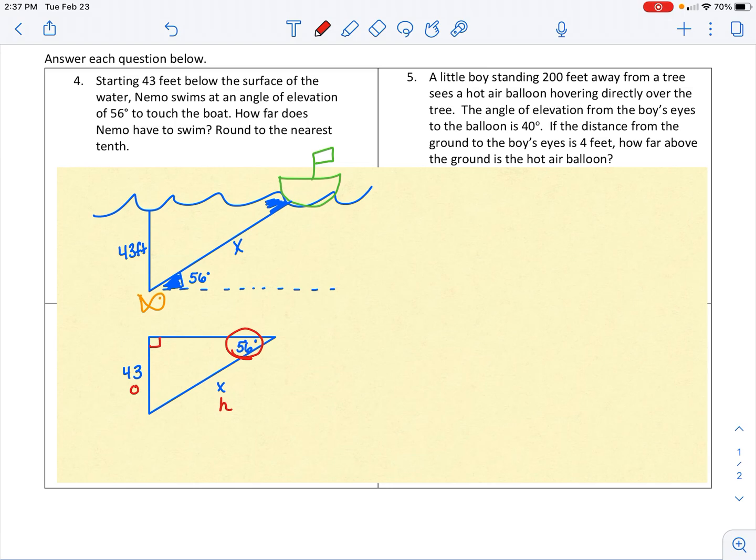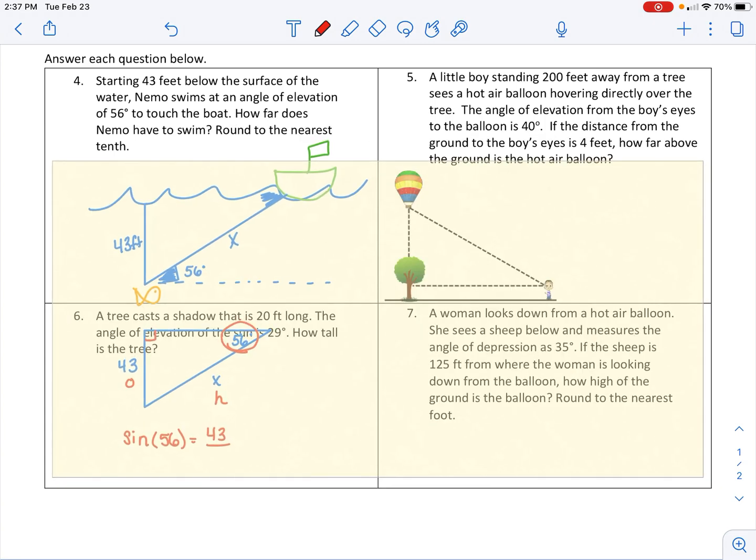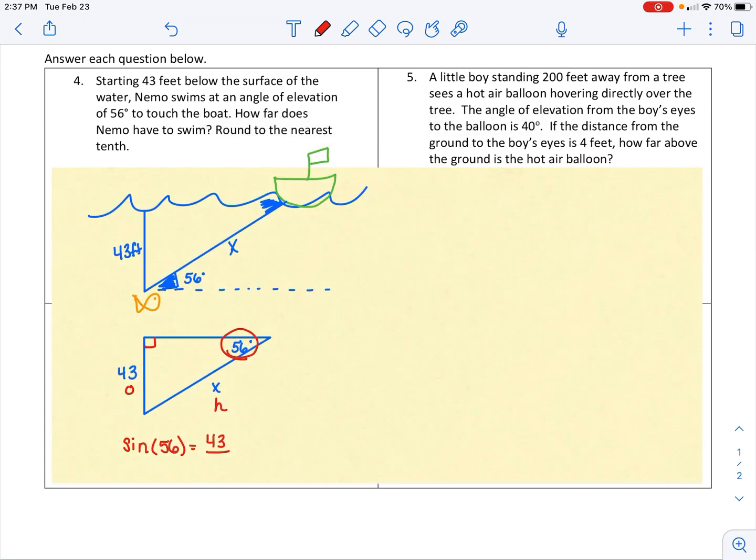So we're gonna be using the trig function sine. We're gonna say the sine of 56 is equal to my opposite over my hypotenuse. Okay, and we're gonna go ahead and cross multiply.